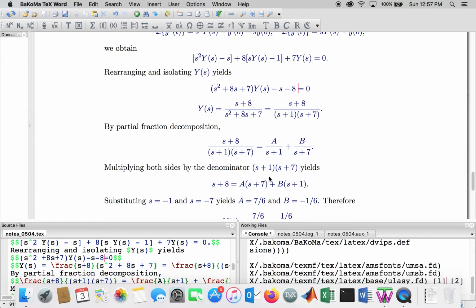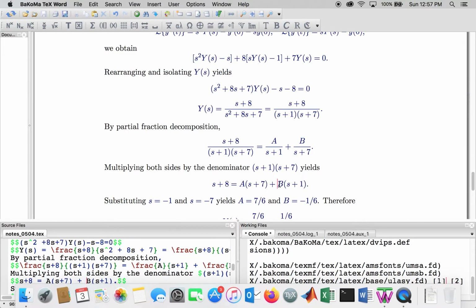So substituting s equals minus 1 will help you get a, because this term would go away, and you'd have minus 1 plus 8 plus 7 on the left side, and then minus 1 plus 7, so 6 times a on the right side, so a would be 7 over 6.